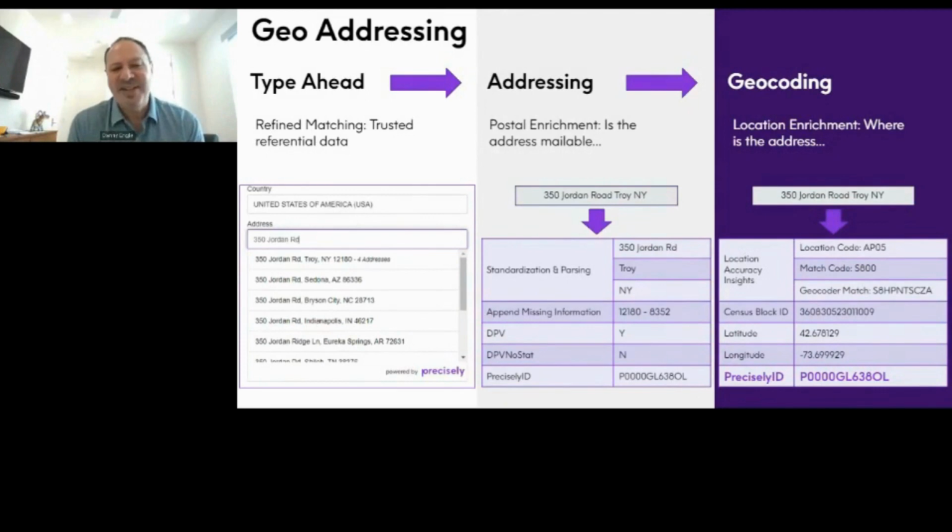Yeah, and Tim, just to add another key point, the reason why this geo addressing is so valuable is the way we do it is multi-source. We've got 14 different sources on top of the USPS, and that gives us additional inventory that most carriers don't have.